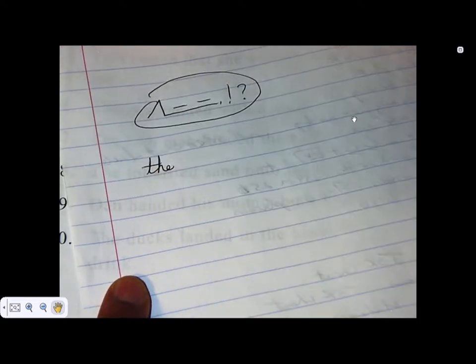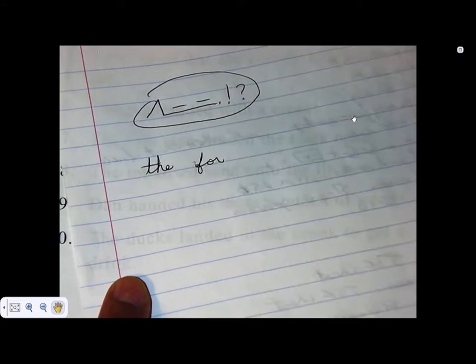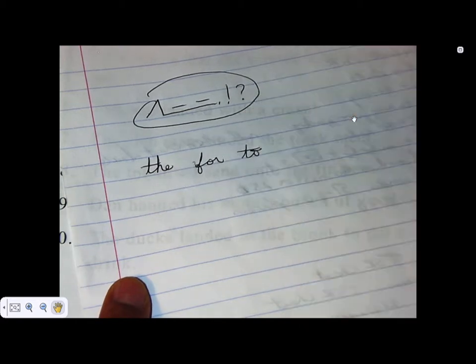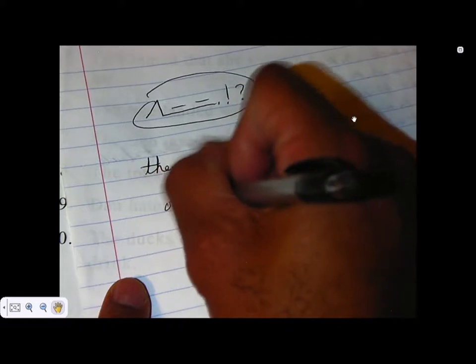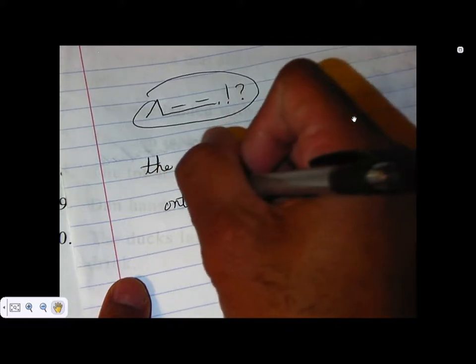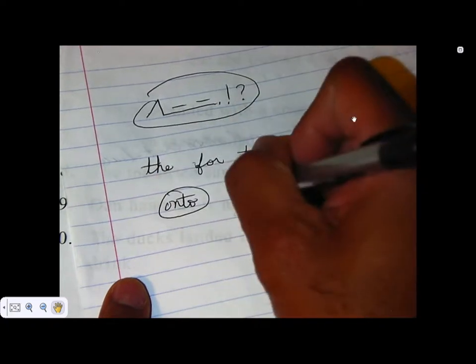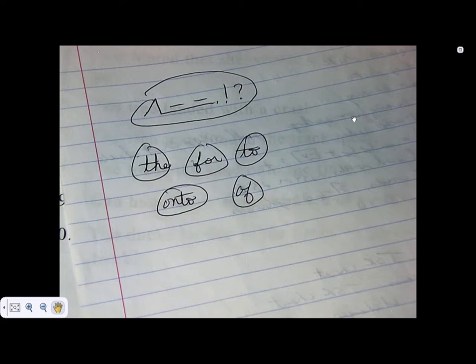When we read the sentences today, when we see learned word the, FOR, learned word for, TO, learned word to, O and TO, learned word onto, and OF, learned word of, we will circle those learned words, okay?